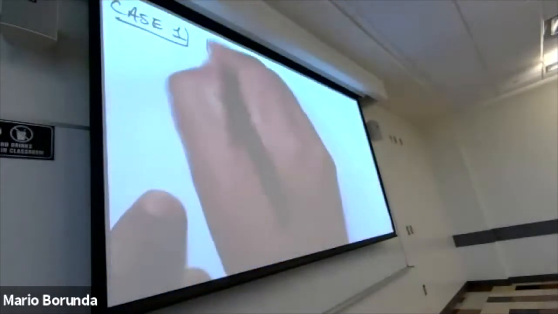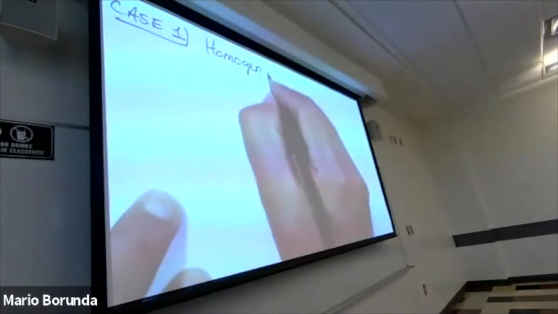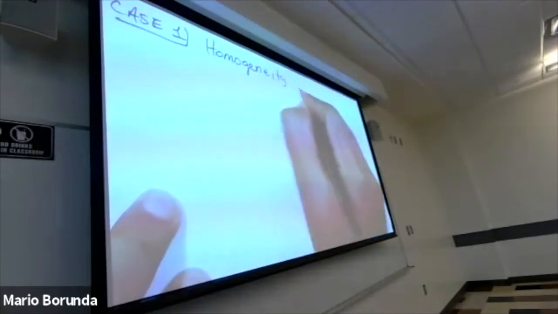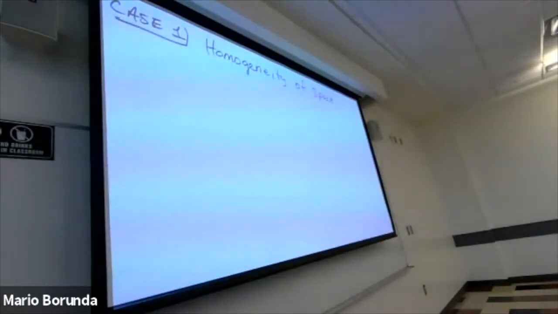So some important cases. Homogeneity of the space. All right, Vishal, what does homogeneity of a space mean?